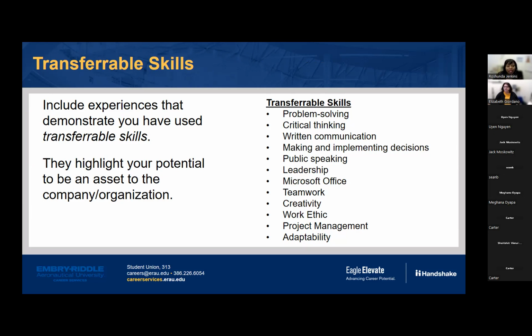It'll also highlight your potential to be a great asset to the company or organization. We just gave you some examples of those transferable skills that you can use with different experiences that you list. You may not necessarily have all of those technical or hard skills that they're looking for, but if you have different experiences and involvement that show transferable skills, you definitely want to include those on your resume.